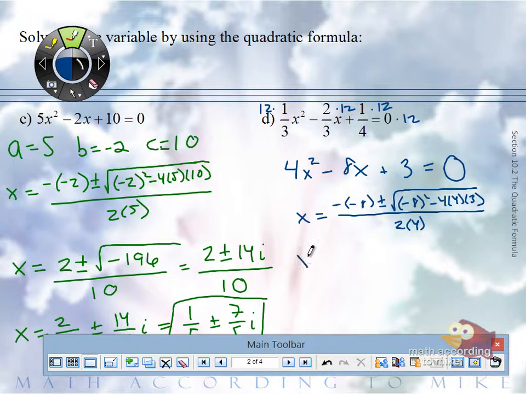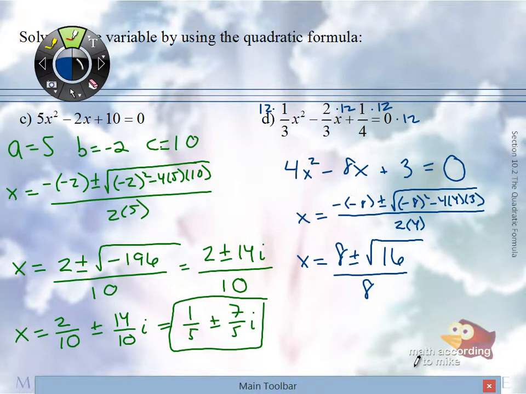What is negative 8? Plus or minus square root of negative 8 squared is 64. What is 64 minus 4 times 4 times 3? 16. All over. Can I cancel my 8s? Nope.